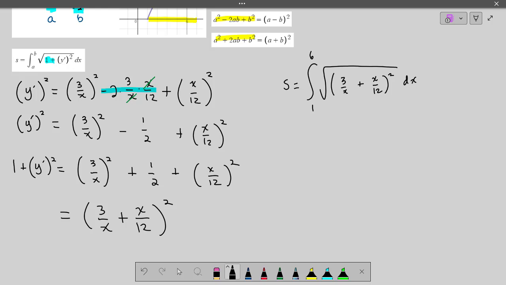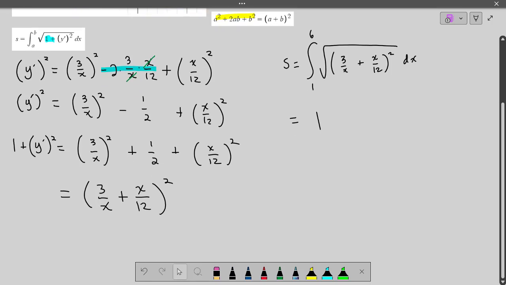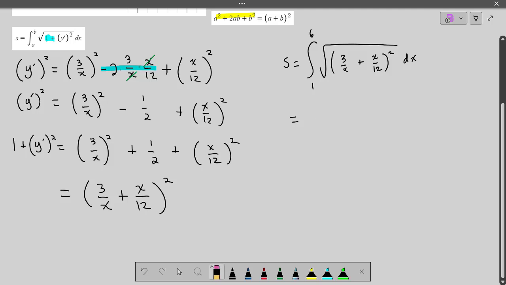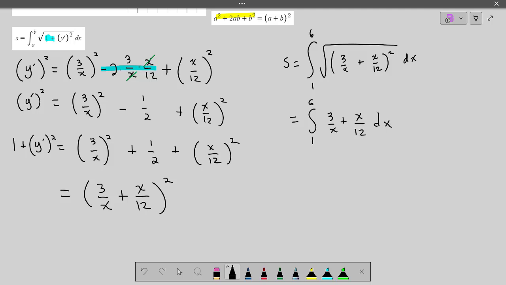So we're left with the integral of this. So the square root and the square cancel, and we end up with this. This will be 3 natural log of absolute x plus x squared divided by 24, interval 1 to 6.